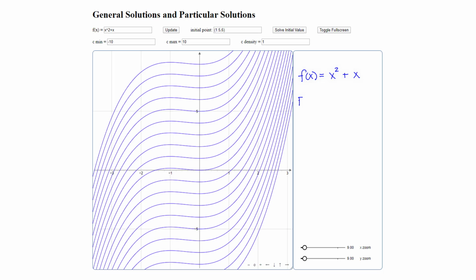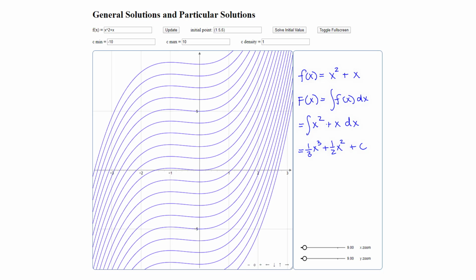So if I said capital F of x is defined as the antiderivative of f of x dx, then this is going to be the antiderivative of x squared plus x dx, or 1/3 x cubed plus 1/2 x squared plus c.